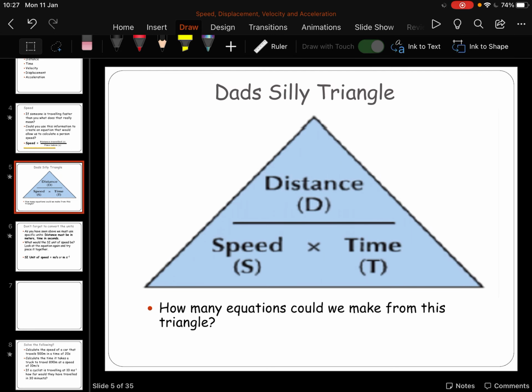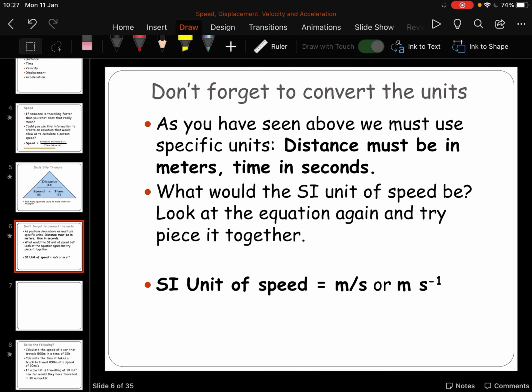Now, because I'm a physics teacher, I kind of push this a little bit, just because it's very important for doing Leaving Cert Physics to get used to this idea. But generally, it's not that important. Generally, you will get away with leaving it. However, the SI units all have to link up.